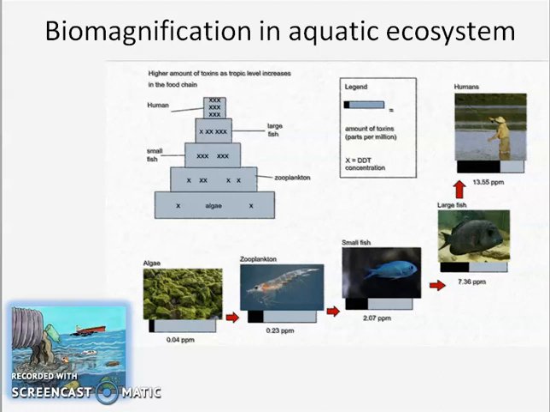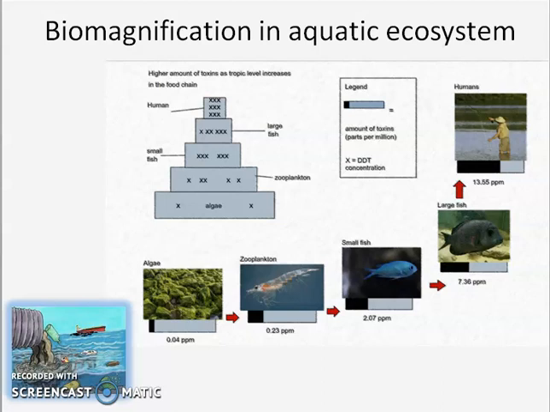The top trophic level, composed of birds of prey, mammalian carnivores, and large predatory fishes, would carry a body burden of environmental pollutant that exceeds the environmental concentration by a factor of 10 raised to 4 to 10 raised to 6.